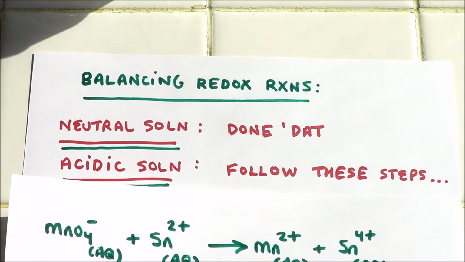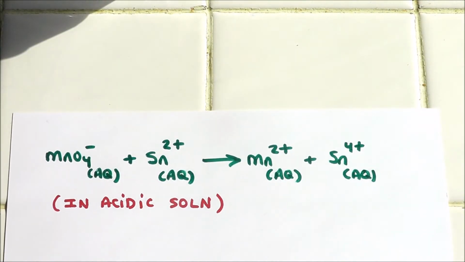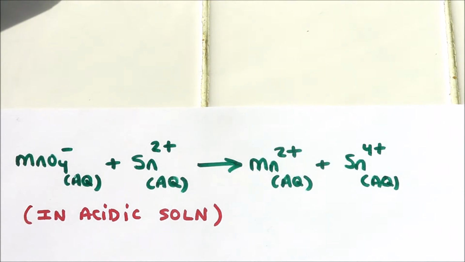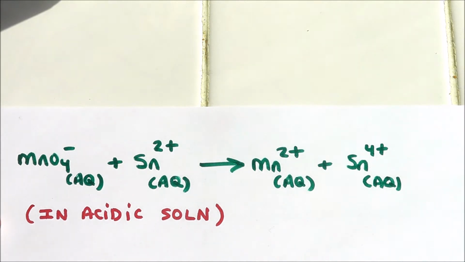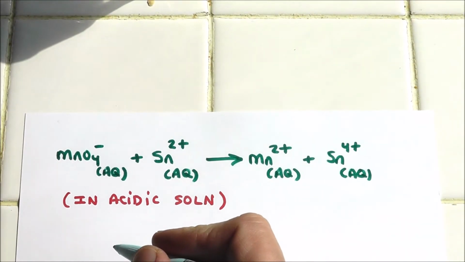All right, so let's pick this one. I picked this out of a standard textbook, and we're going to take that reaction and balance it in acidic solution. The very first step is we're going to break these into half reactions. So I'm going to take our manganese and split it up.